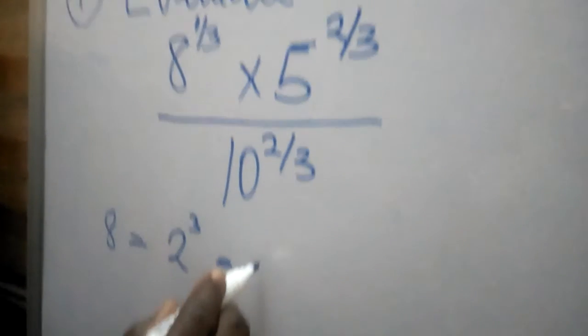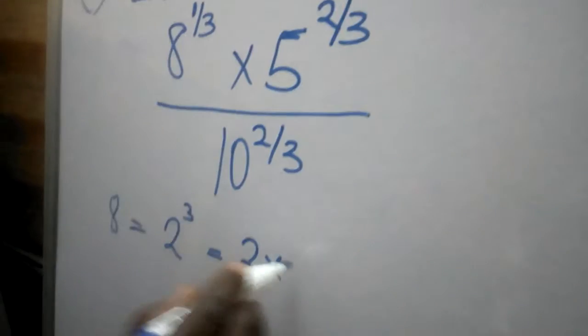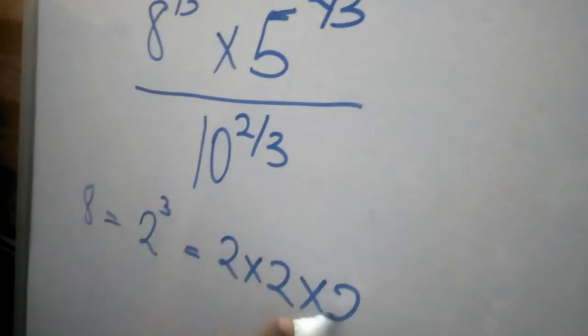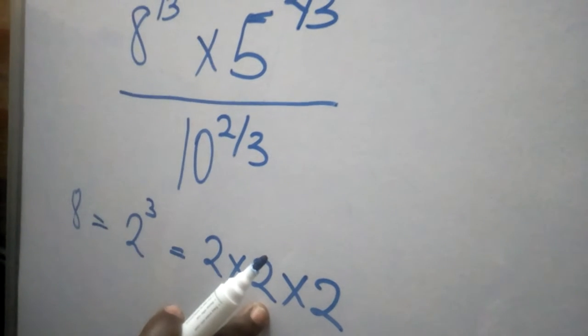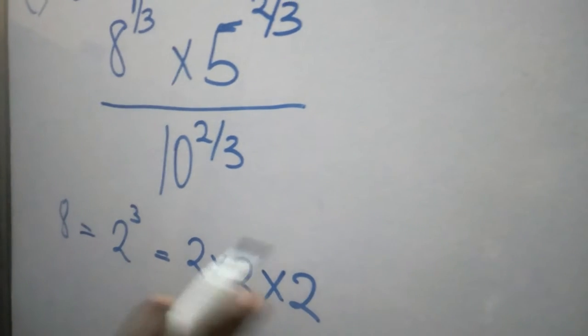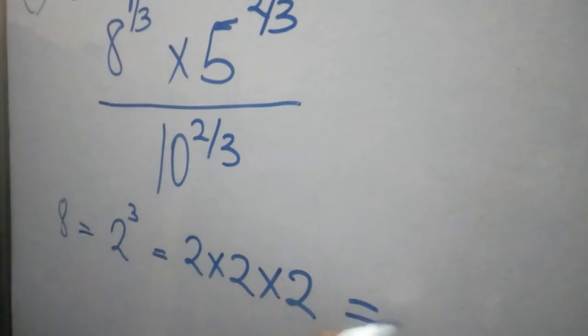That is 2 times 2 times 2. 2 times 2 will give you 4. 4 times 2 will give you 8.